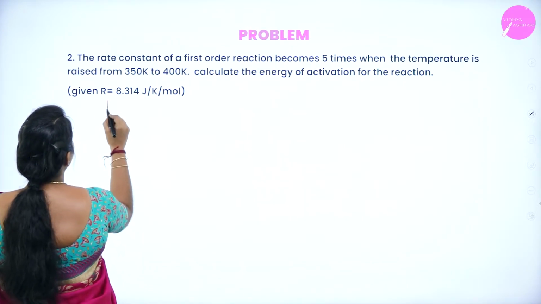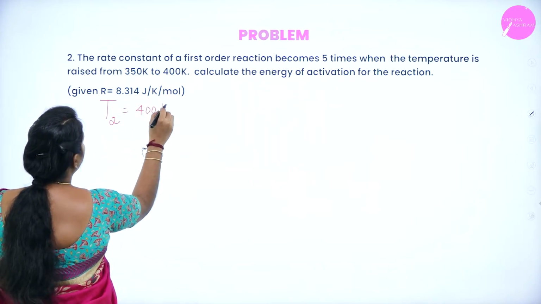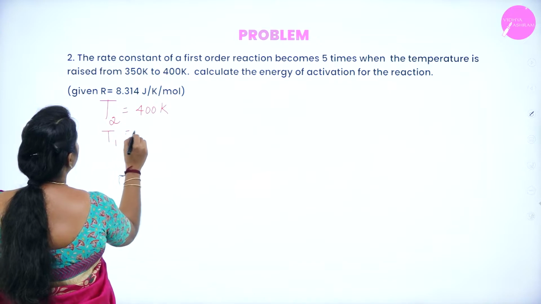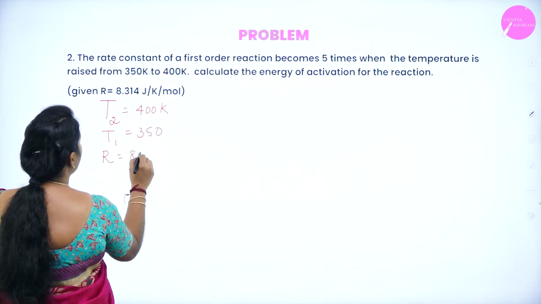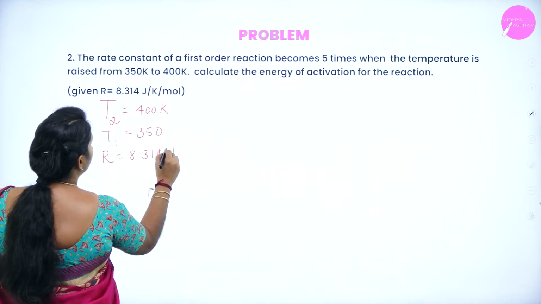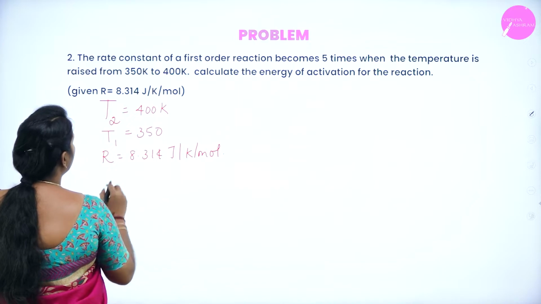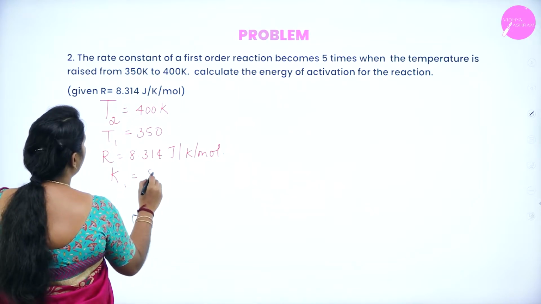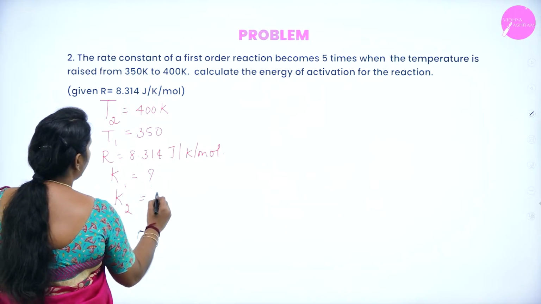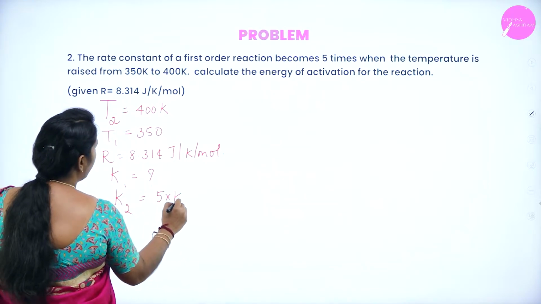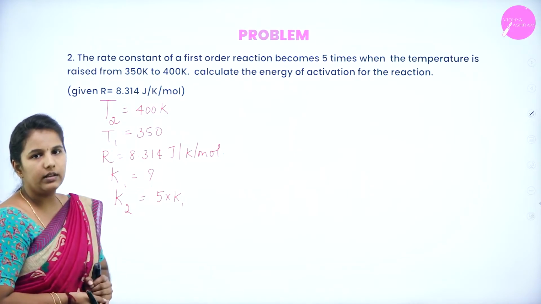Now, we know that T2 is 400 Kelvin and T1 is 350 Kelvin, and R is 8.314 joules per Kelvin per mole. The K1 value we don't know, and K2 is obtained by 5 into K1, because it is 5 times greater than K1.